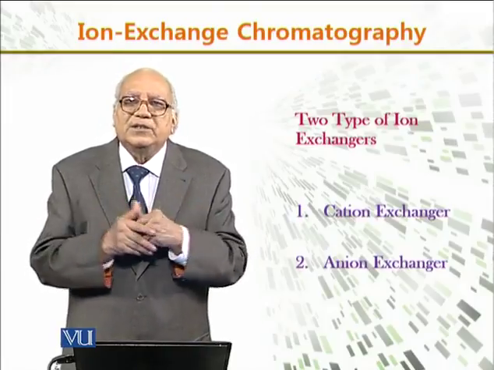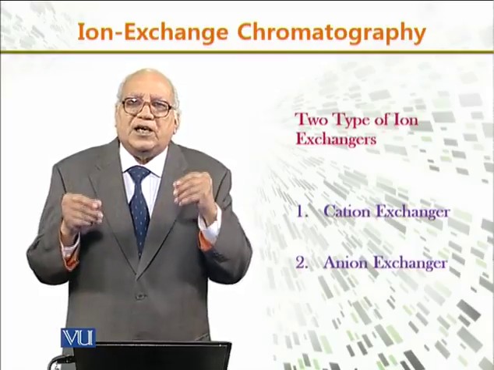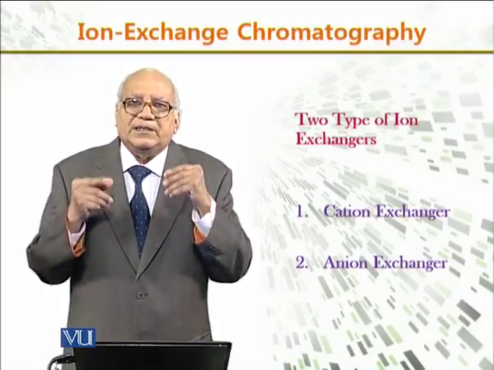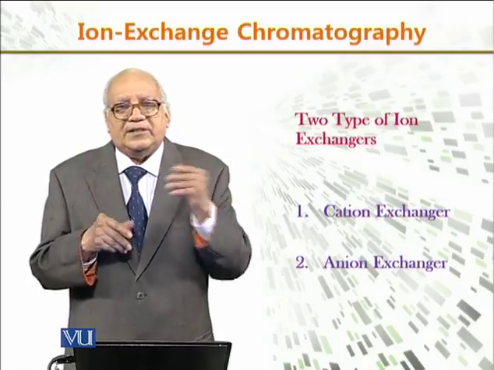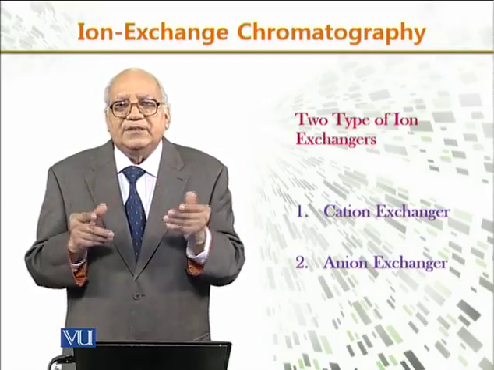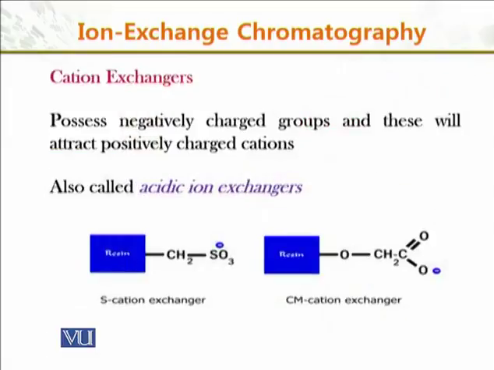Of course, whenever there is a charge on a particle, on a compound, it can behave as a cation or as an anion. For example, an acidic ion exchanger possesses negatively charged groups, and these will attract positively charged cations.